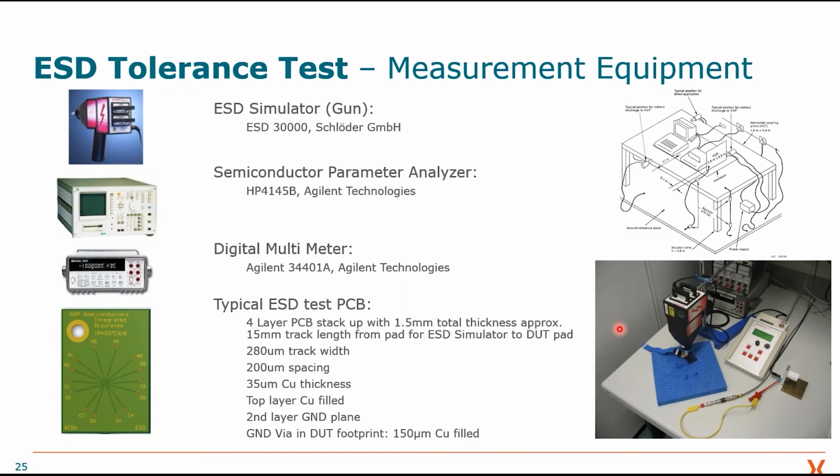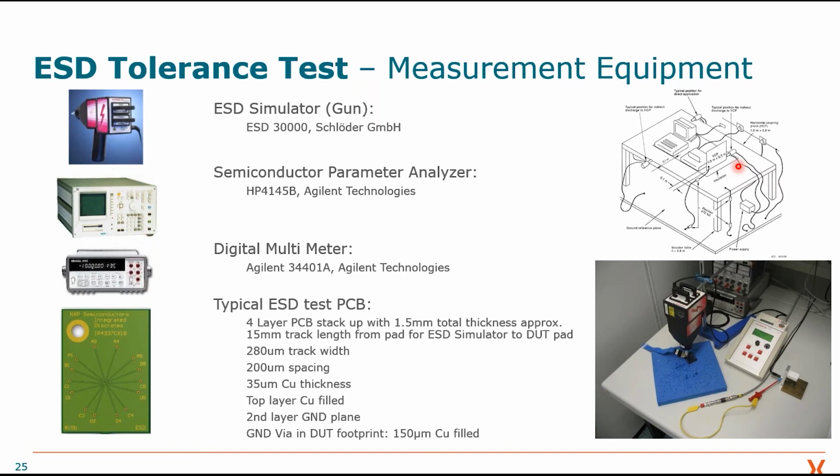I showed the graph of the influence of the relative humidity. If we have an air discharge, we have a high dependency on the air condition, and that's why we urge to only focus on contact discharge because of its repeatability. So then you see the table with the ESD gun, and then you have the vertical or horizontal shooting on the coupling planes.